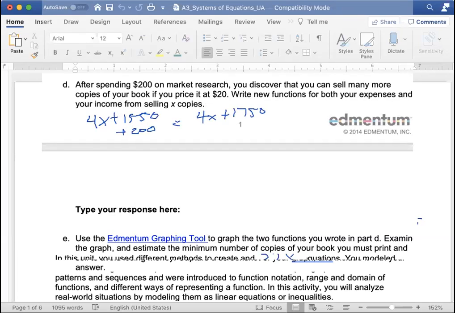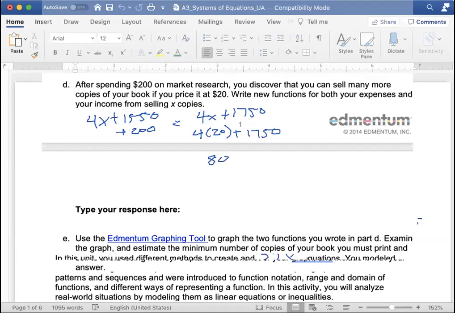And now you're going to price it at $20. So let's plug in 20, 4 times 20 plus 215.50 to figure out your break-even point.